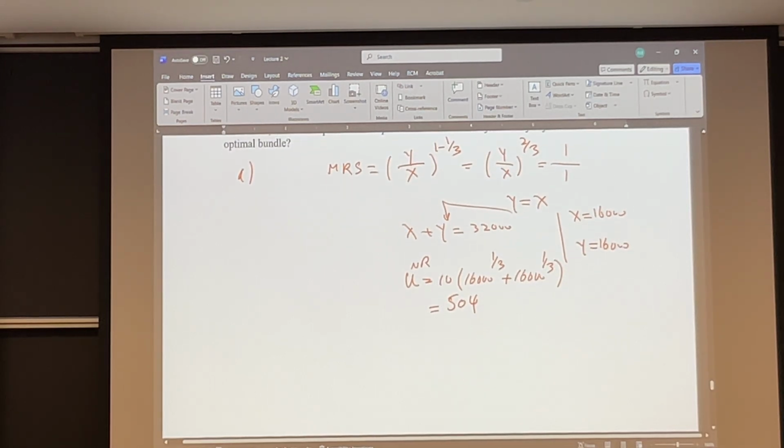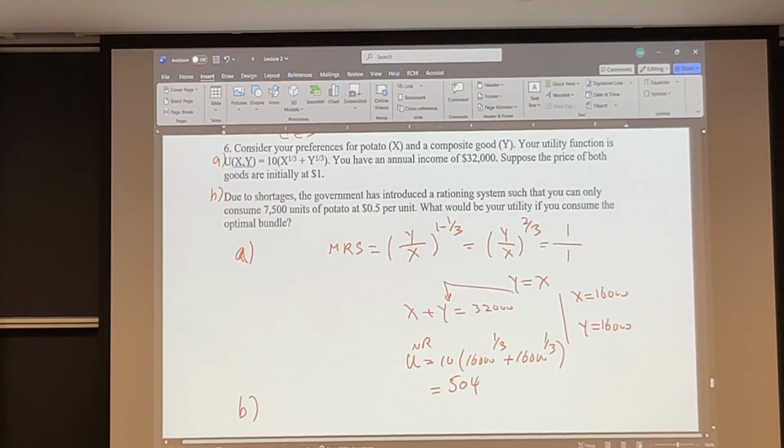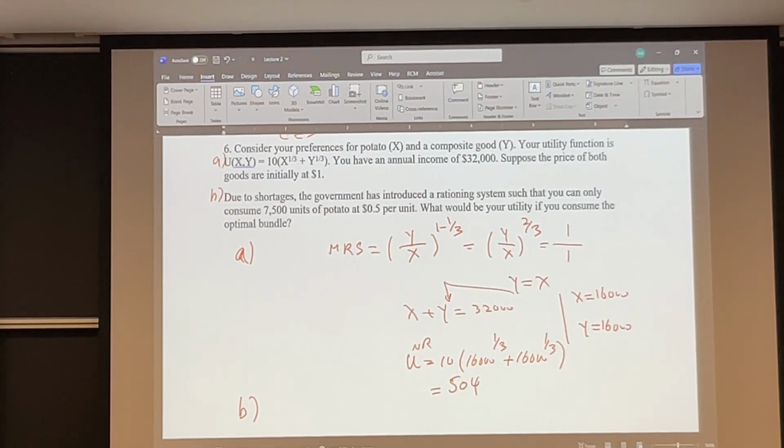Now the same individual faces a different scenario. The government comes in and says, you cannot consume more than 7,500 units, but we'll give you a 50% discount.